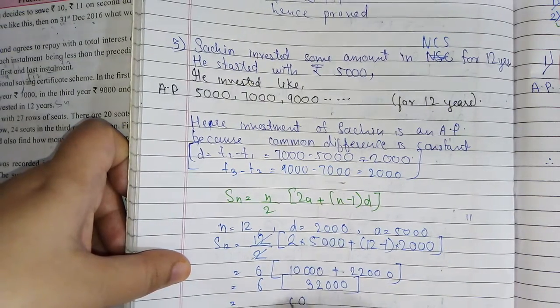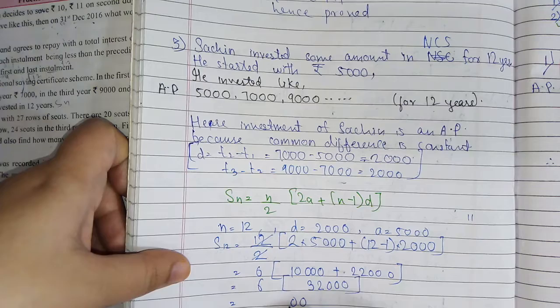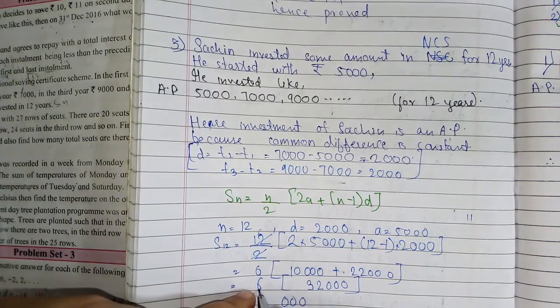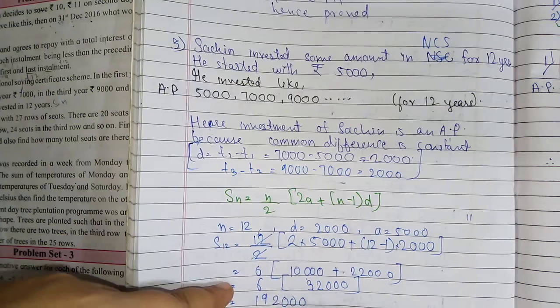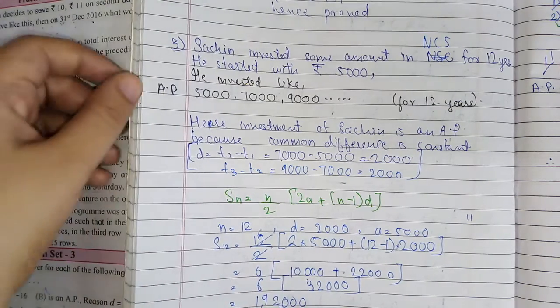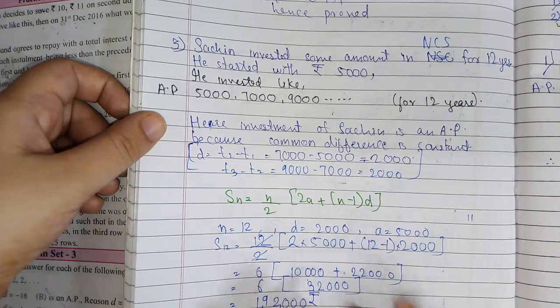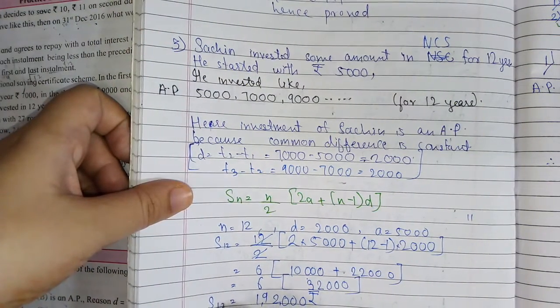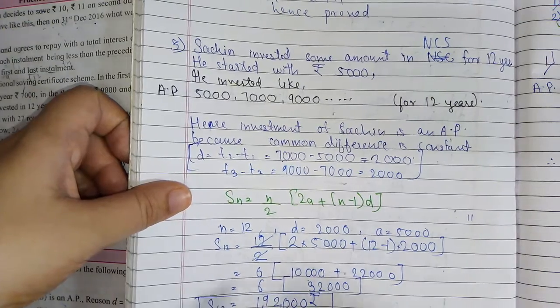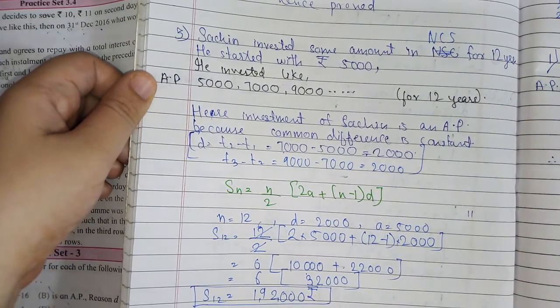On multiplying 32,000 by 6, 6 2s are 12, 6 3s are 18, 19. That means 1,92,000 rupees he saves over the whole period. So the S12 value will be 1,92,000.